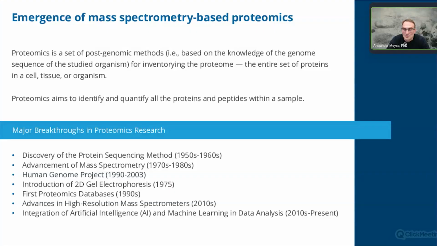Advances in mass spectrometry instrumentation, for example, electrospray ionization, high-resolution mass spectrometry, and increasing sensitivity and acquisition speed, enable high-throughput identification and quantification of proteins. So together, genomic information and mass spectrometry have transformed proteomics into a powerful tool for understanding biology, especially in the context of disease mechanisms and drug discovery.